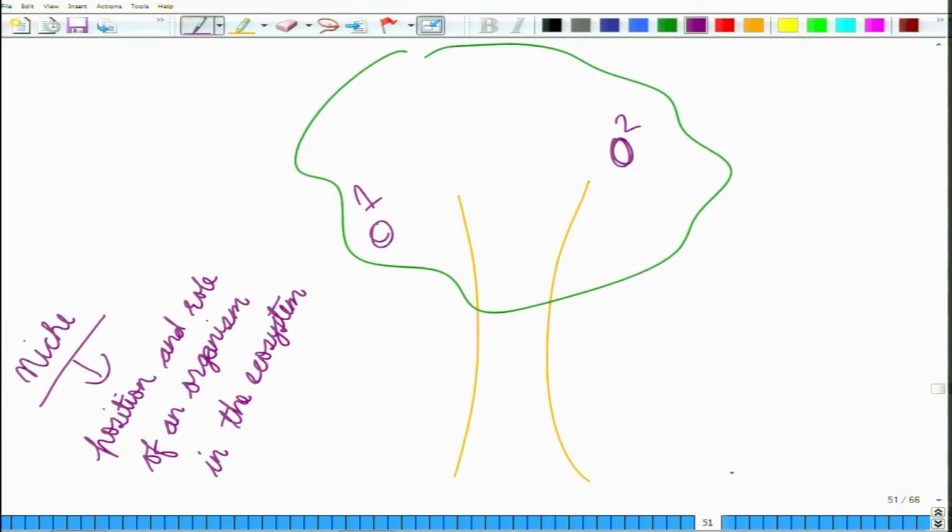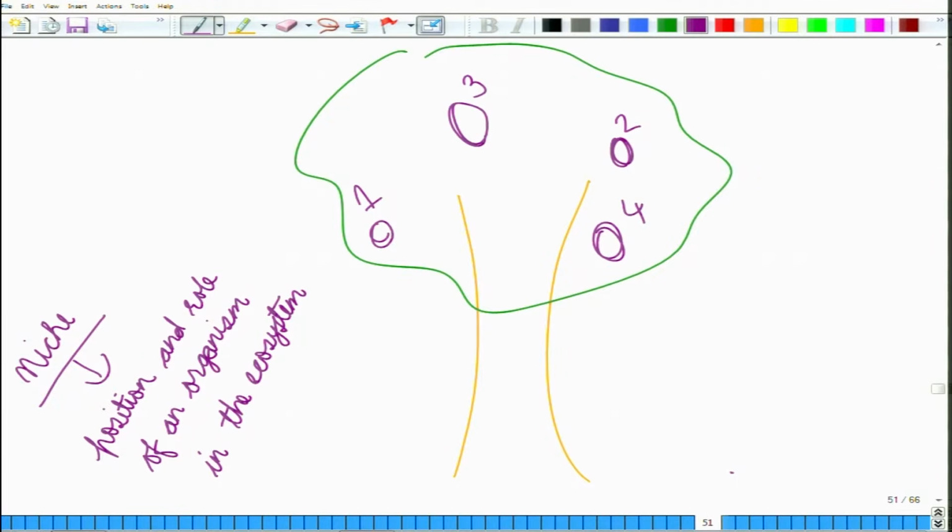Now suppose with time you have more birds, a third species and a fourth species. When that happens, the number of fruits given out by this tree is limited. So now you have a situation of competition. Not everybody can have access to the food.